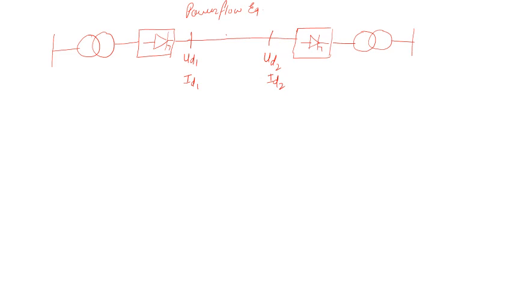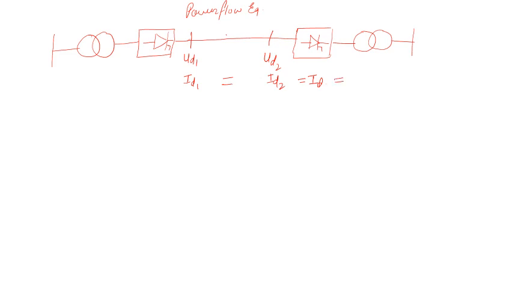As we concluded just before, the current will be constant. So I can say that ID1 is equal to ID2, and that is equal to ID, as the current is constant. Now what is ID?